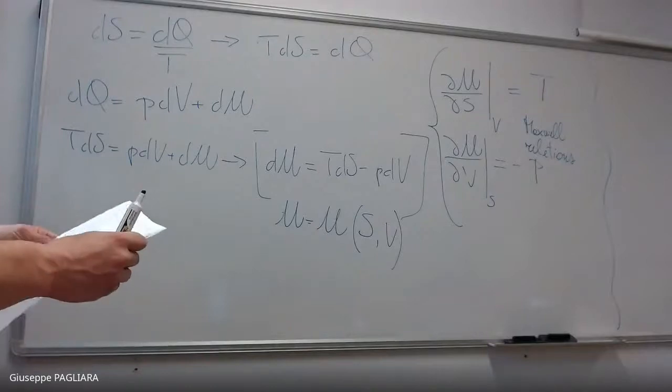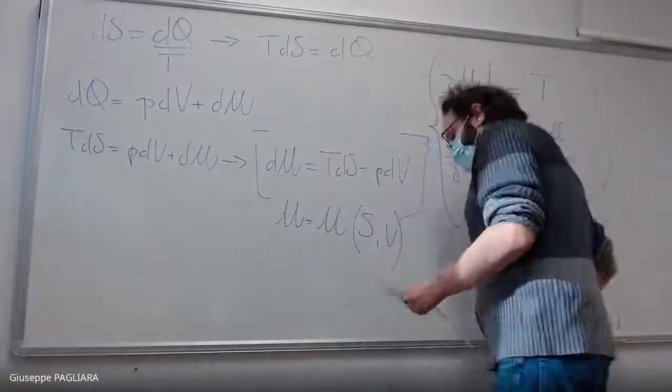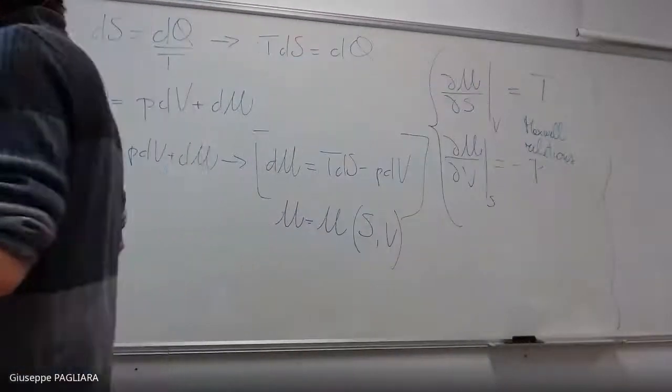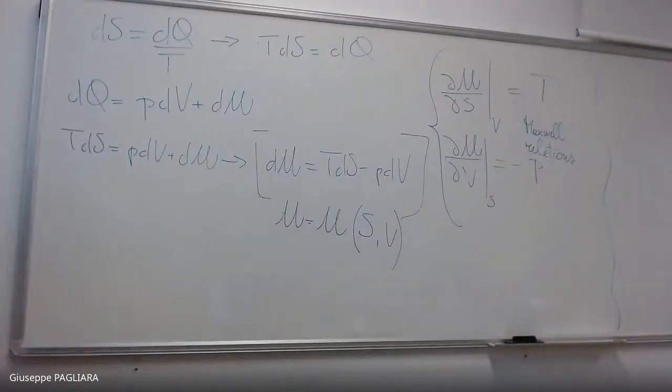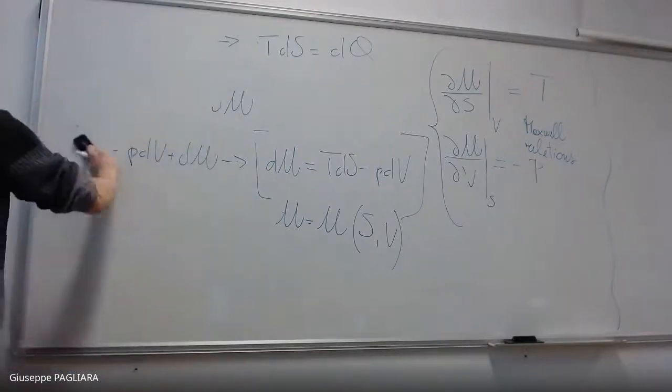Now, before coming to the exercise, let's see what the second principle of thermodynamics tells us about what happens when we reach equilibrium, and in which direction equilibrium is fulfilled. Let me make a certain number of examples.